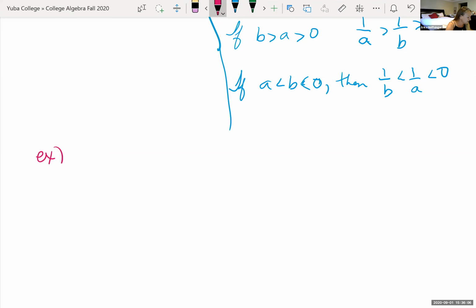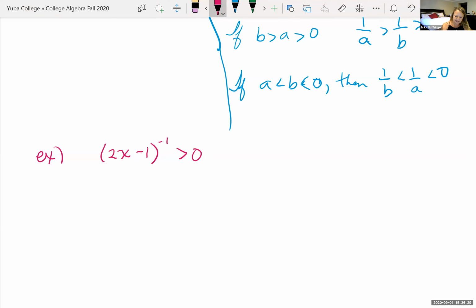We have 2x minus 1, all raised to the negative 1 power, is greater than 0. Okay, so rules of exponents. If you have a negative exponent, we can make that positive by bringing it down to the denominator.